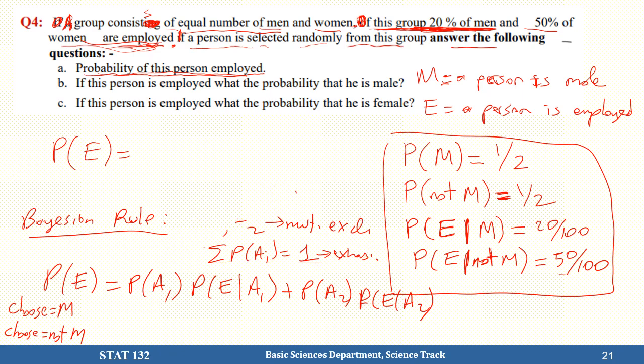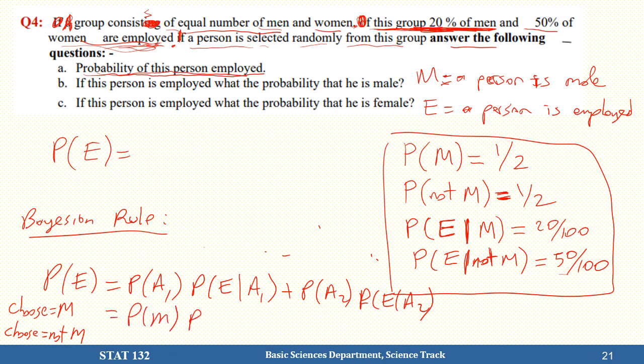Okay, they're mutually exclusive and they're exhaustive, so we can here write PE as the probability of M, the probability E given M, plus probability A2, which is not M, times the probability E given not M.